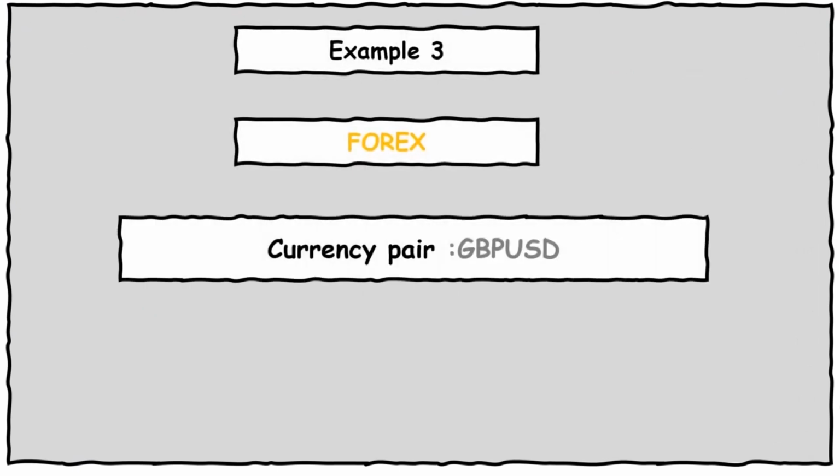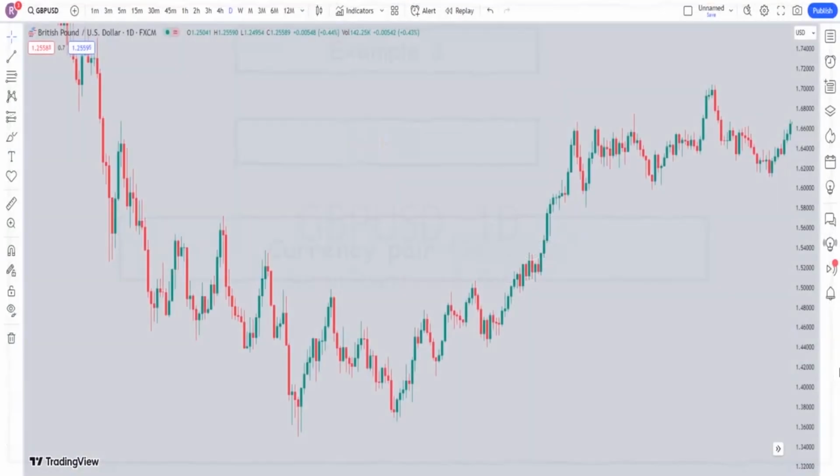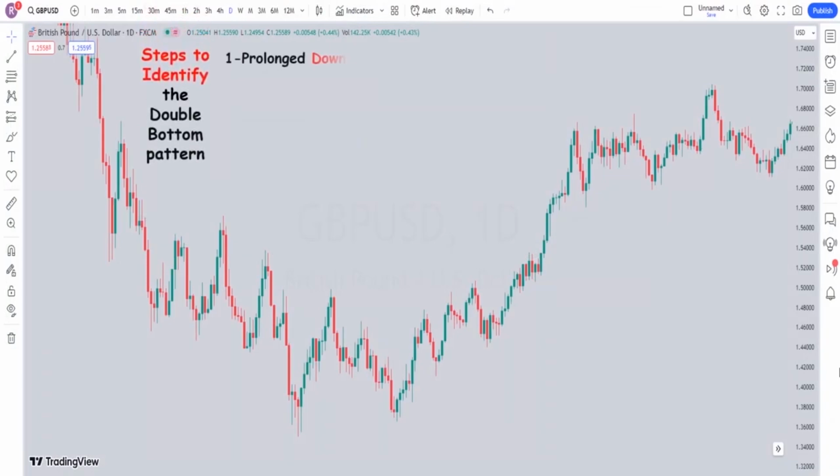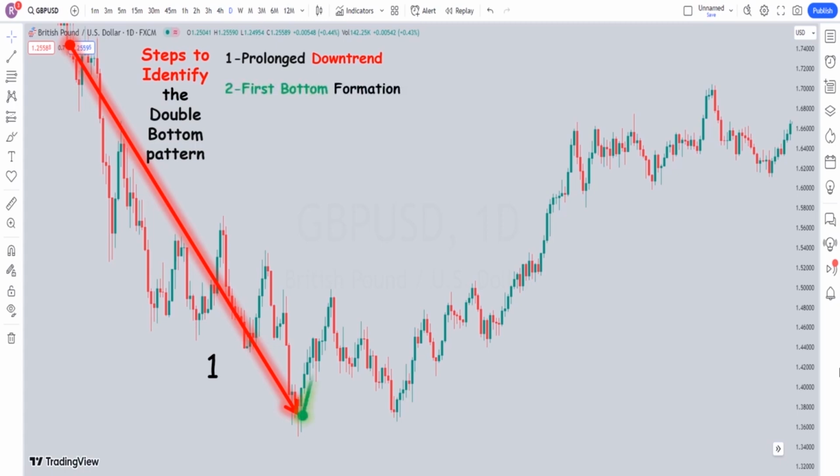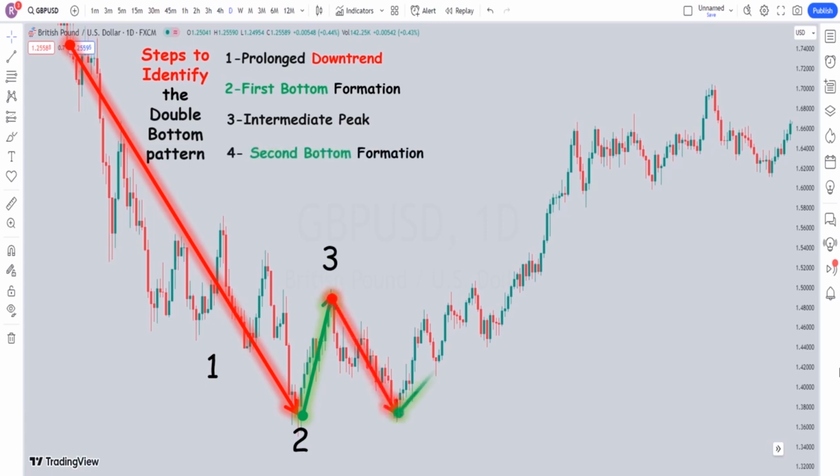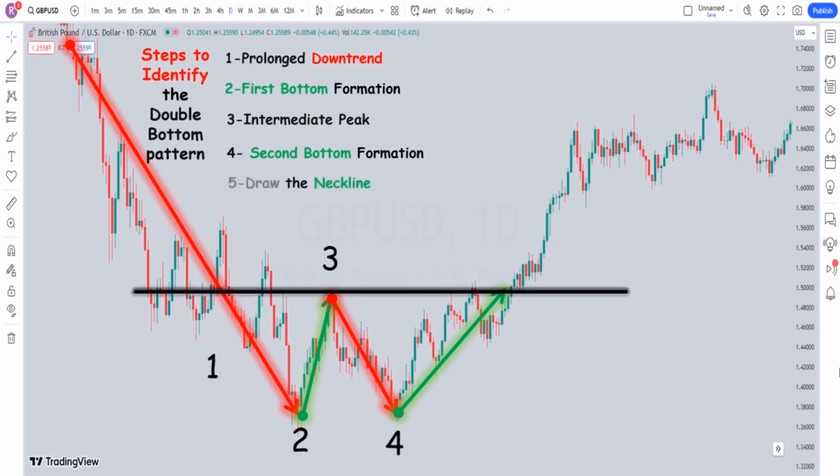Example 3, currency pair GBP/USD. Identify a double bottom pattern. 1, prolonged downtrend. 2, first bottom formation. 3, intermediate peak. 4, second bottom formation. 5, draw the neckline. 6, break above neckline.